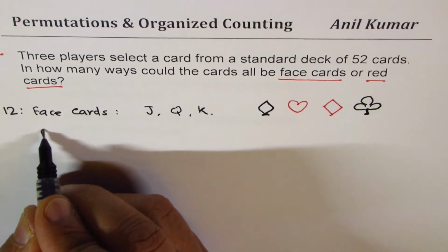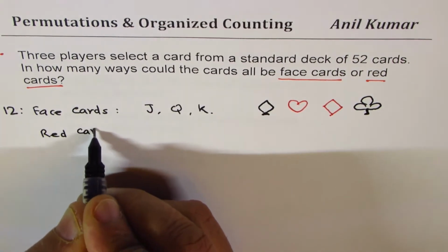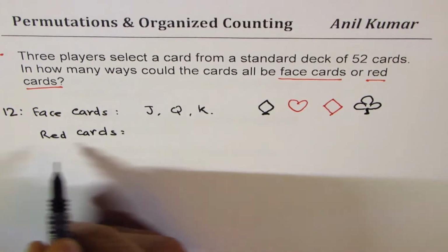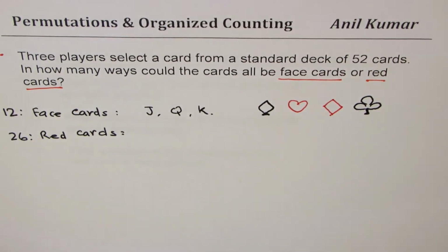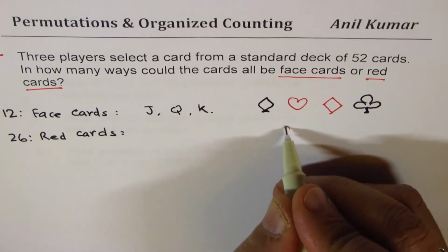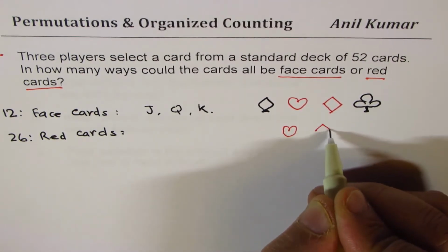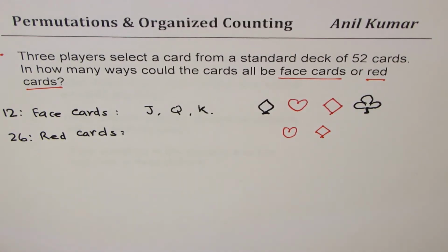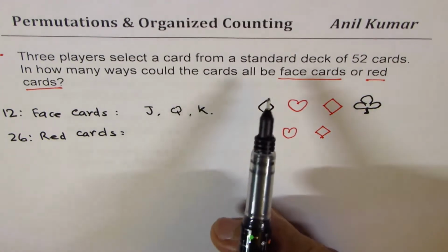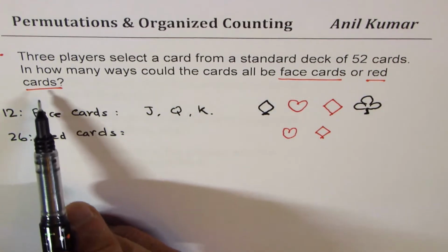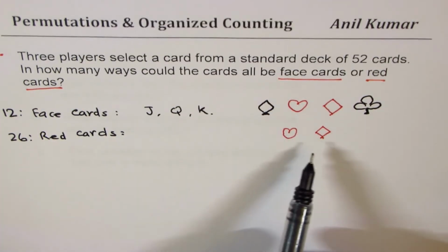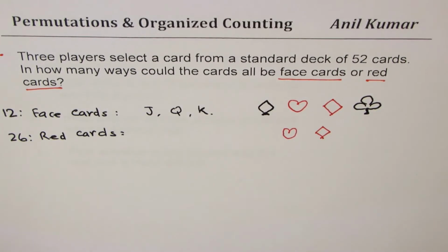How about red cards? Red cards are 26 in number, which are basically hearts and diamonds. We are distributing 3 cards and looking for face cards or red cards. Clearly there is something common here, so we have to apply the principle of inclusion and exclusion.